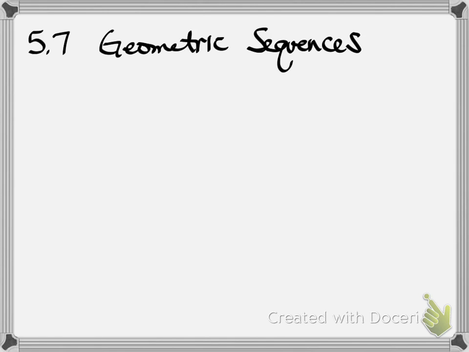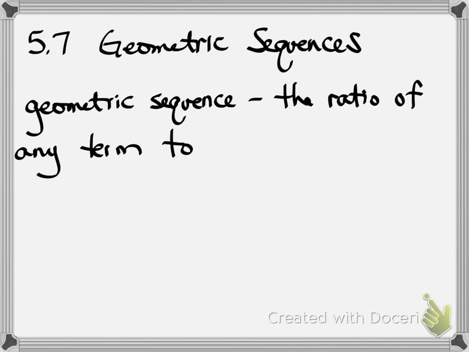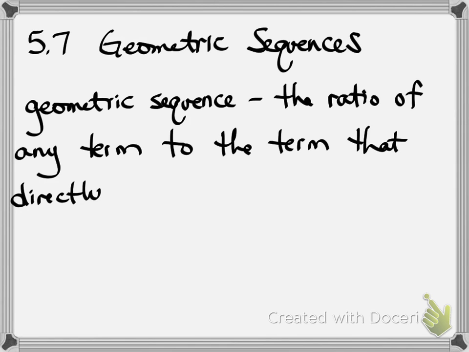All right, so these are closely related, but a geometric sequence is one in which the ratio of any term to the term that directly precedes it is the same.